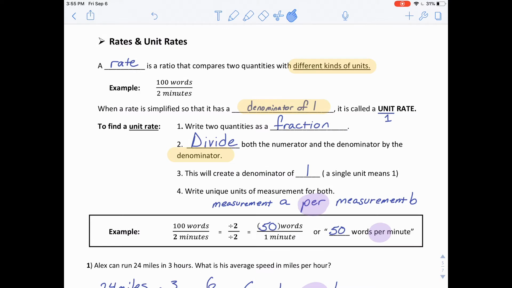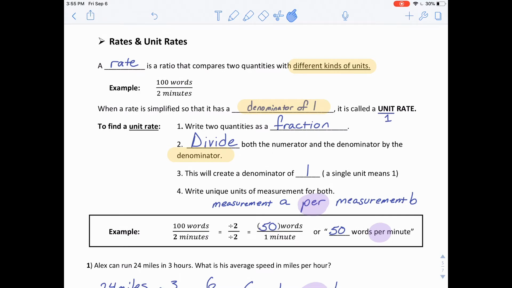So in order to find a unit rate from just a regular rate, which again is a type of ratio, we just write our rate as a fraction first. Then we need to turn our denominator into 1, and the easiest way to do this is to divide the numerator and denominator by the denominator. We do not want to use the greatest common factor because we might not get a denominator of 1.